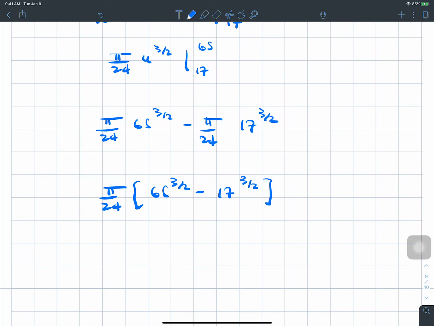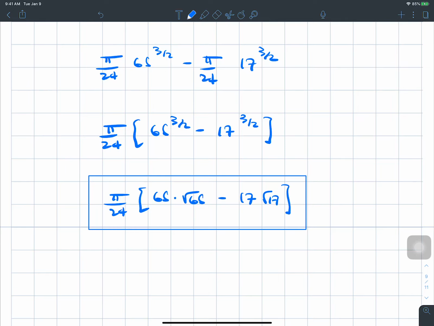So this is revolving about the x-axis. So, I mean, we could look at also a few here. Let's revolve about the y-axis.